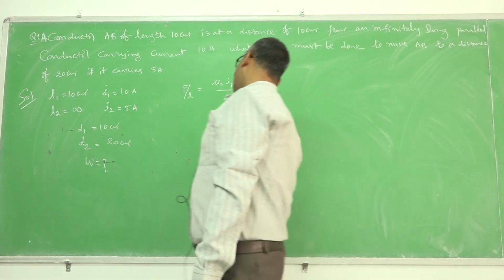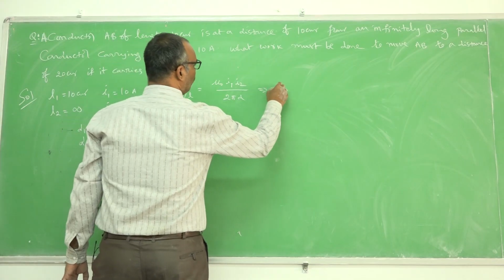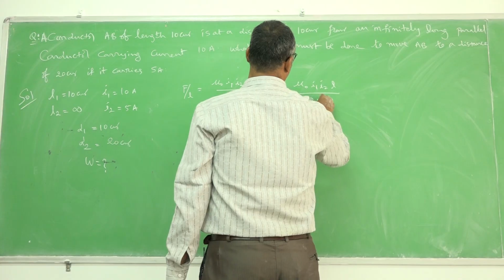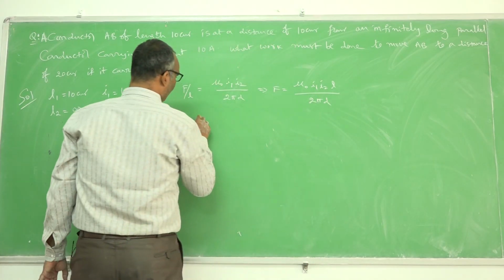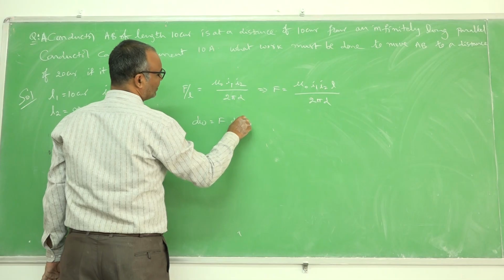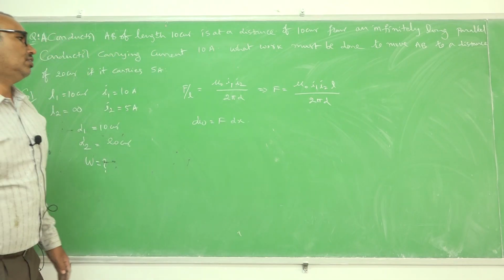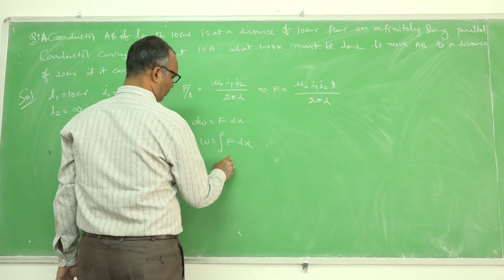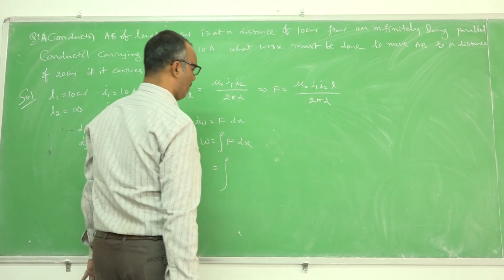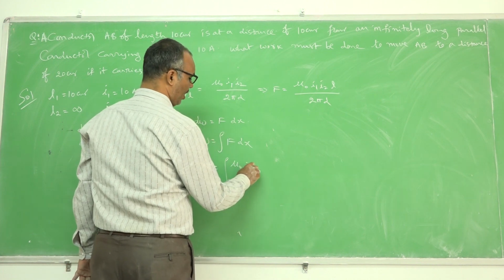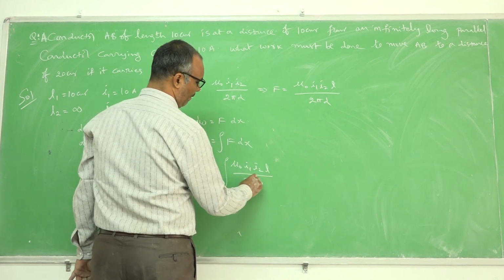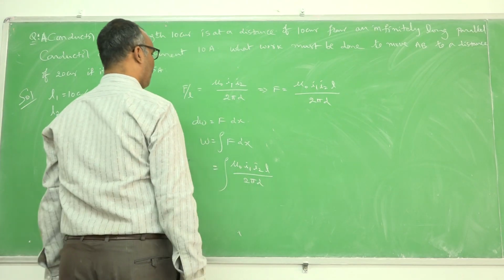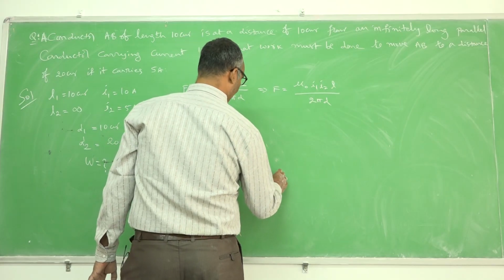The small work done, from here, force can be taken as mu naught I1 I2 L by 2 pi d. dW is equal to F dx. W is equal to integral F dx, integral mu naught I1 I2 L by 2 pi d into dx.